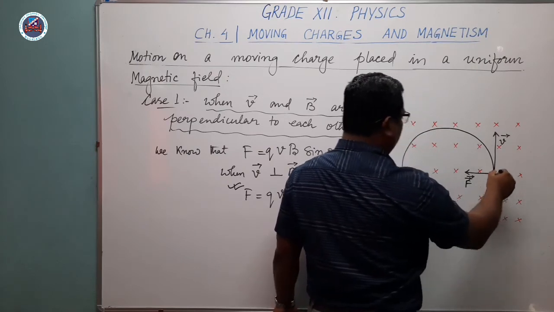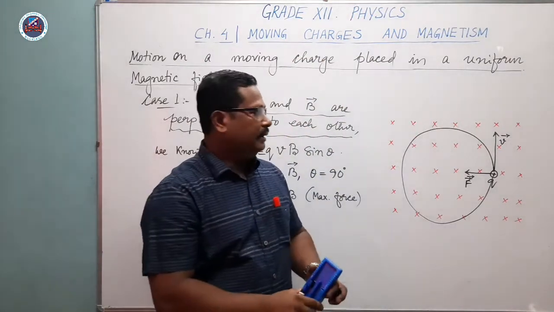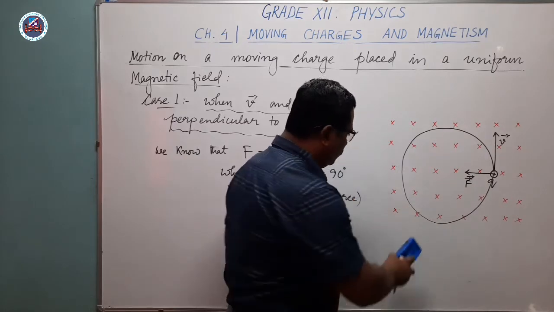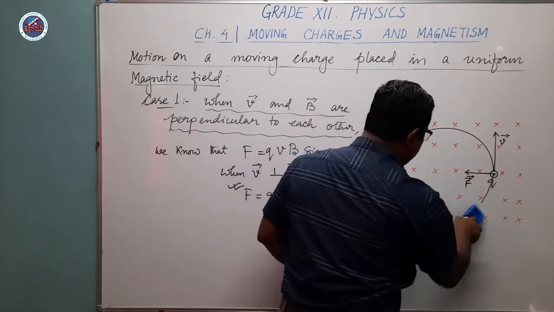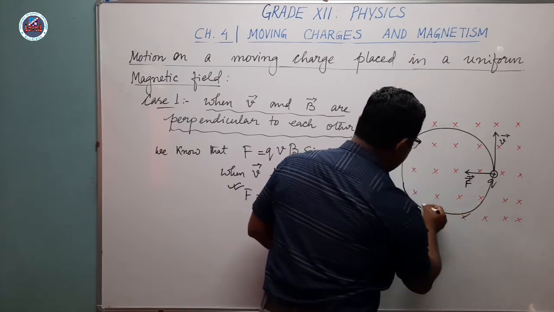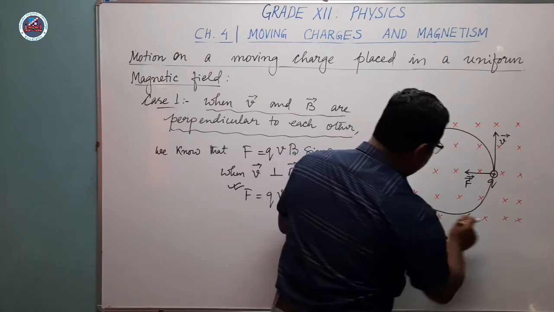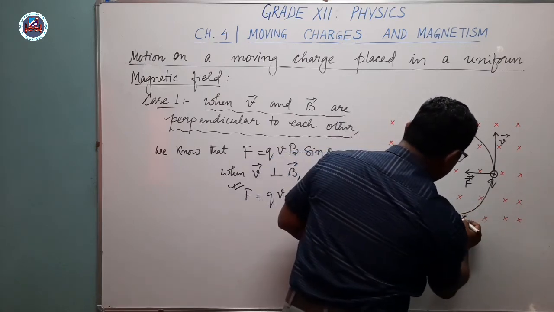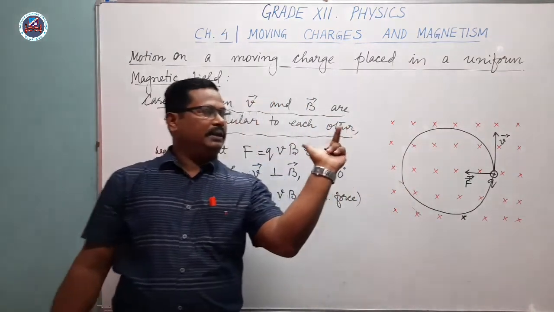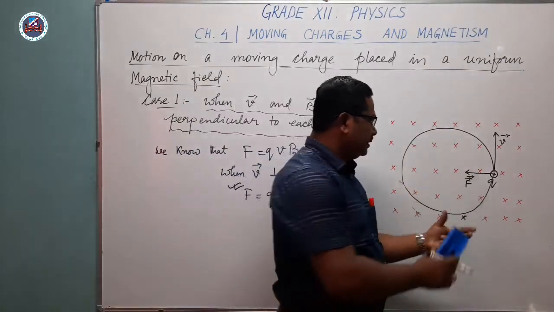The charged particle will start to move in a circular pattern, and this magnetic force F will act like the centripetal force. So it's simple to remember. You use your Fleming's left hand rule and can get the direction in which side it will move. This force will act like this at every point.